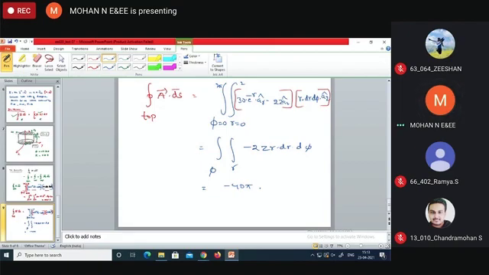Now the bottom surface, which is at z equal to 5. The bottom surface is similar.